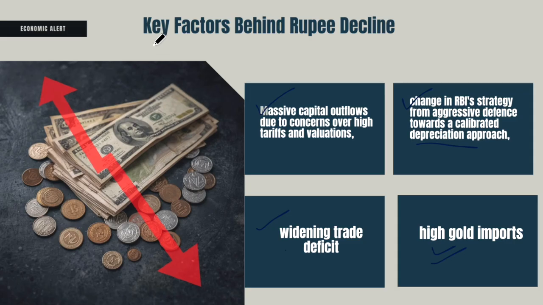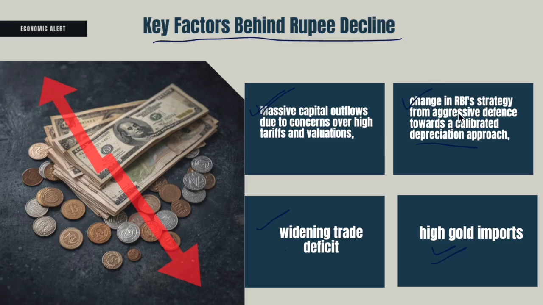So let us once again summarize the key factors behind the rupee decline. The first and foremost that we have discussed was the massive capital outflows due to concerns over high tariffs, valuations, and also because of the geopolitical uncertainty.